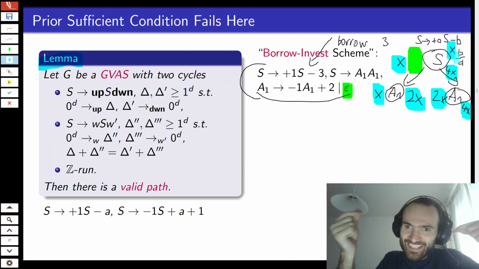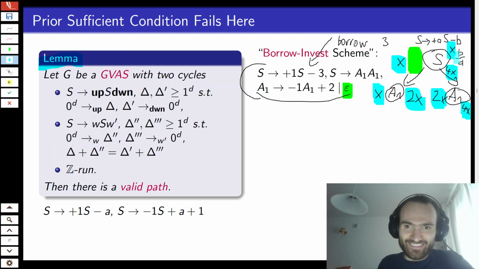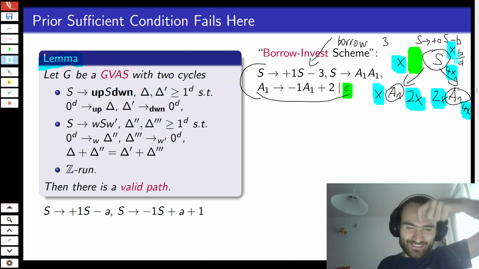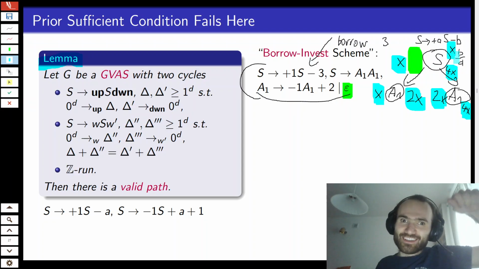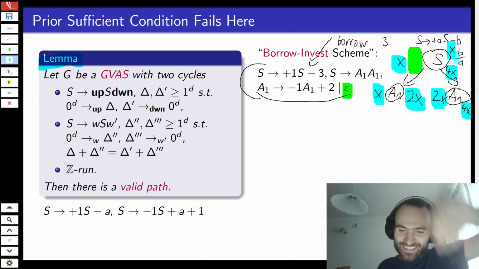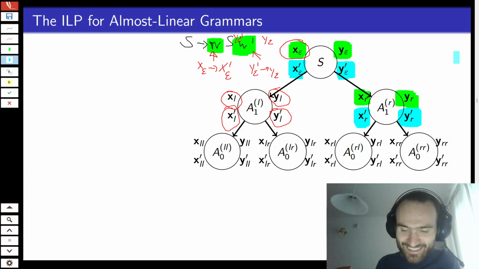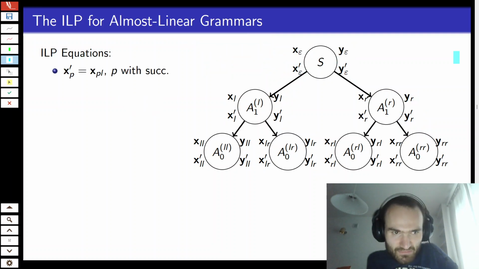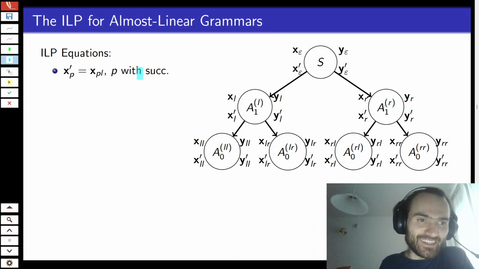This is what you should have in mind for the variables that I'm writing: the scheme that the money wanders around the tree. You borrow yourself x at the top SCC, then you do something in the lower SCCs and you put it back at the top. This is what you should have in mind for this now. Okay, but let's formally define the equations.